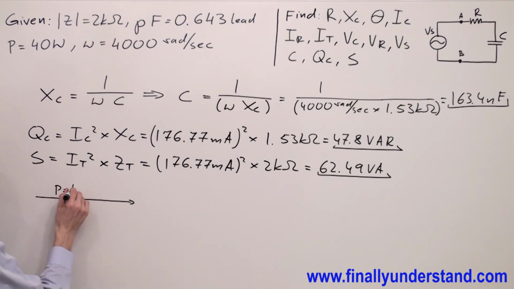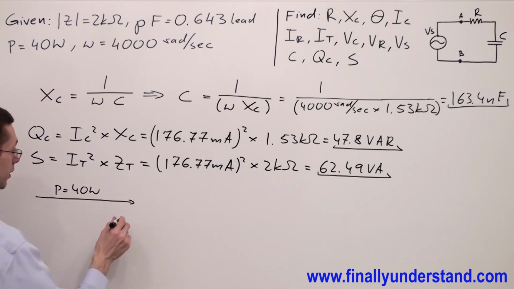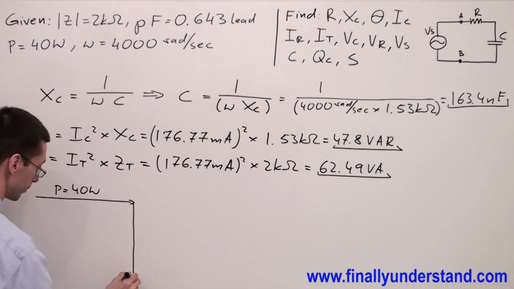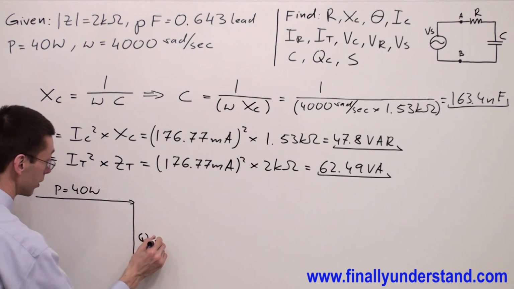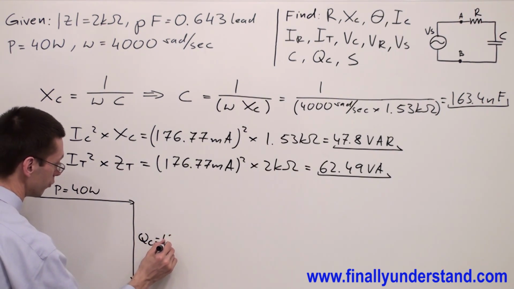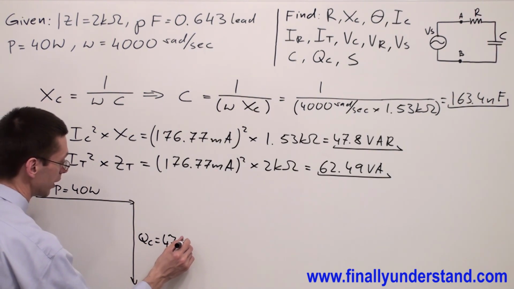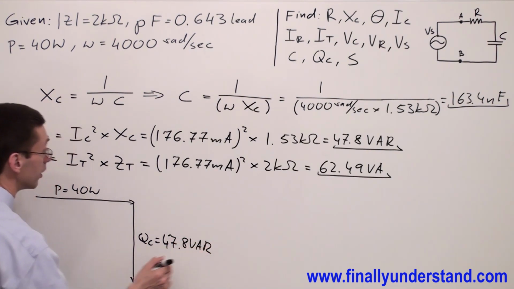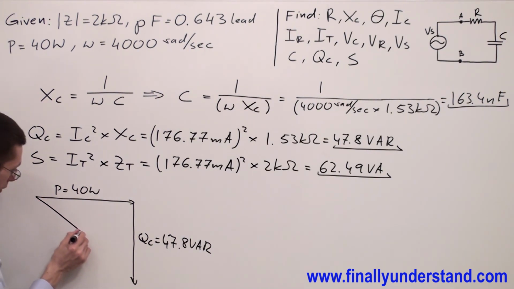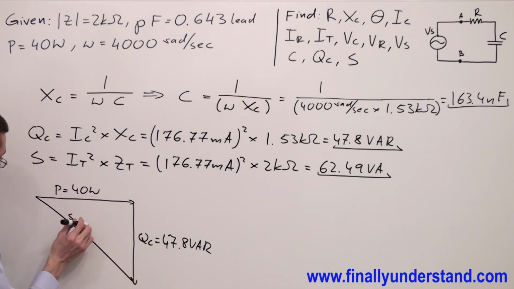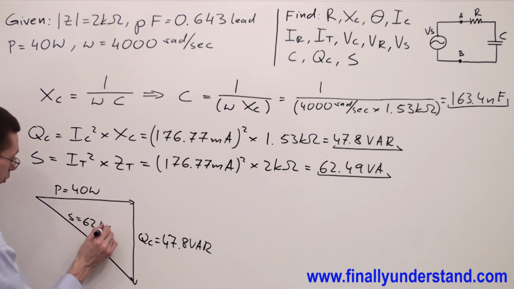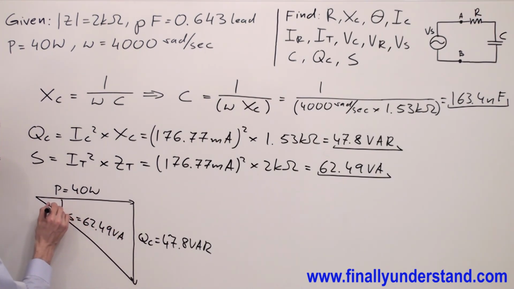P is equal to 40 watts, and reactive power QC equals 47.8 VAR, and apparent power S equals 62.49 VA, and this is the angle theta. So I can say that we solved the problem.